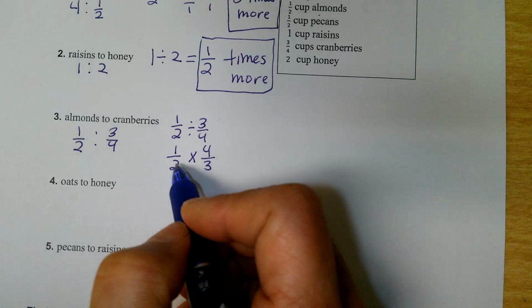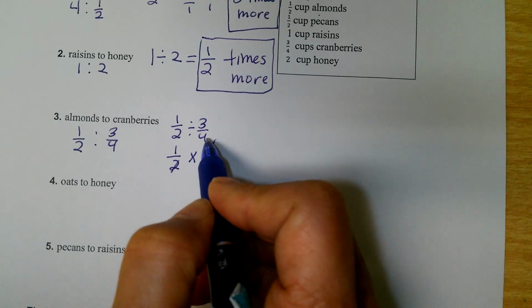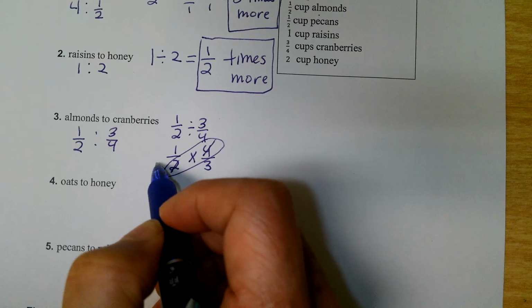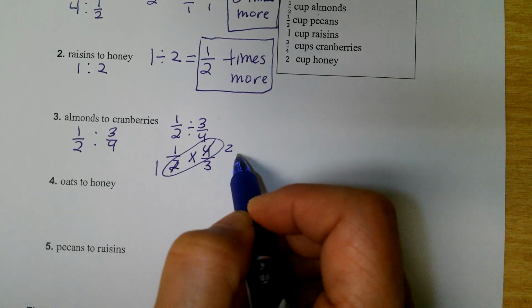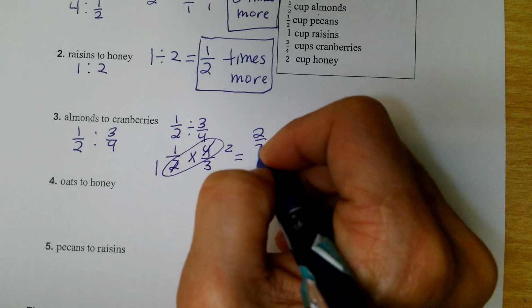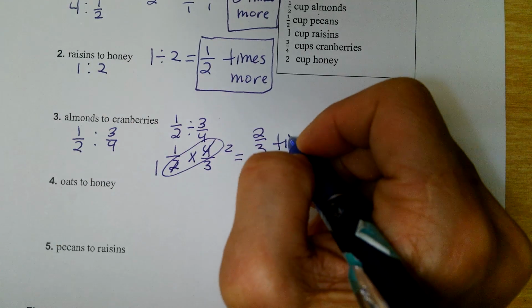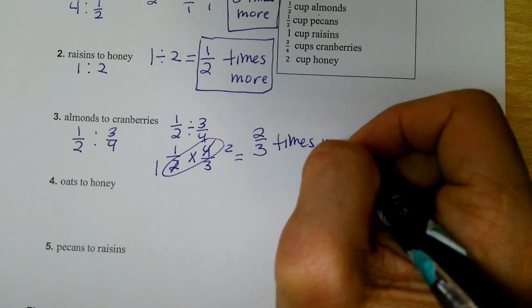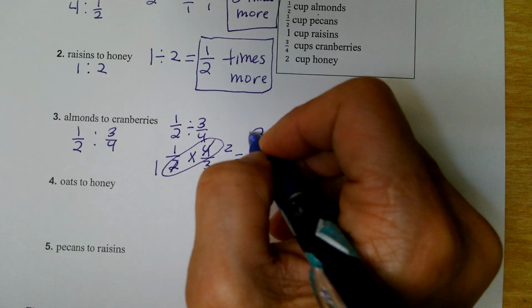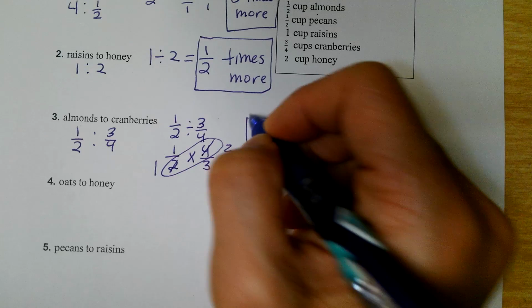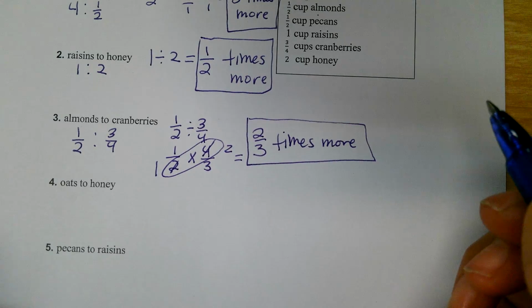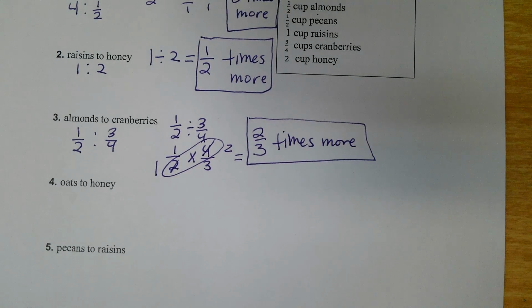We can cross cancel. So the 2 and the 4, if I look at them like this, we can divide both by 2. That gives me 1, that gives me 2, which equals 2/3 of almonds times more than there is cranberries. Now we could write 2/3 times the almonds than cranberries, but I'm okay with this.